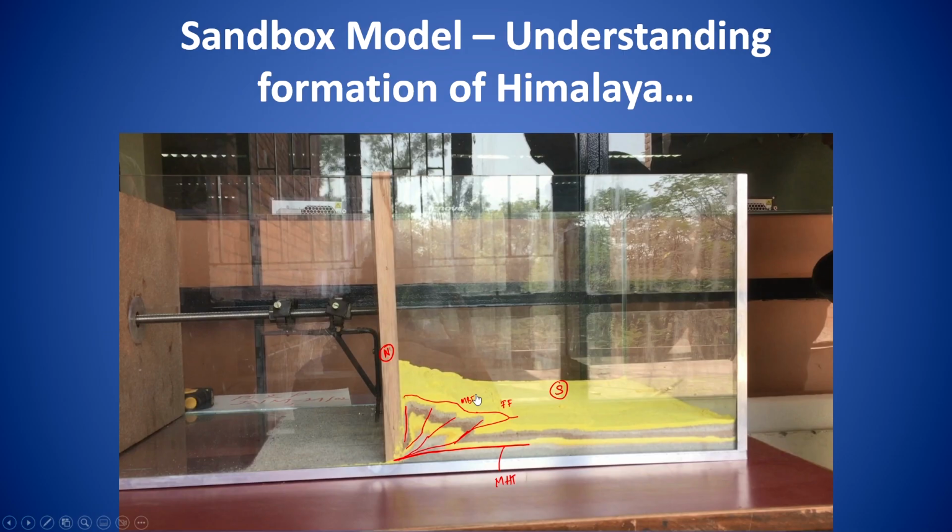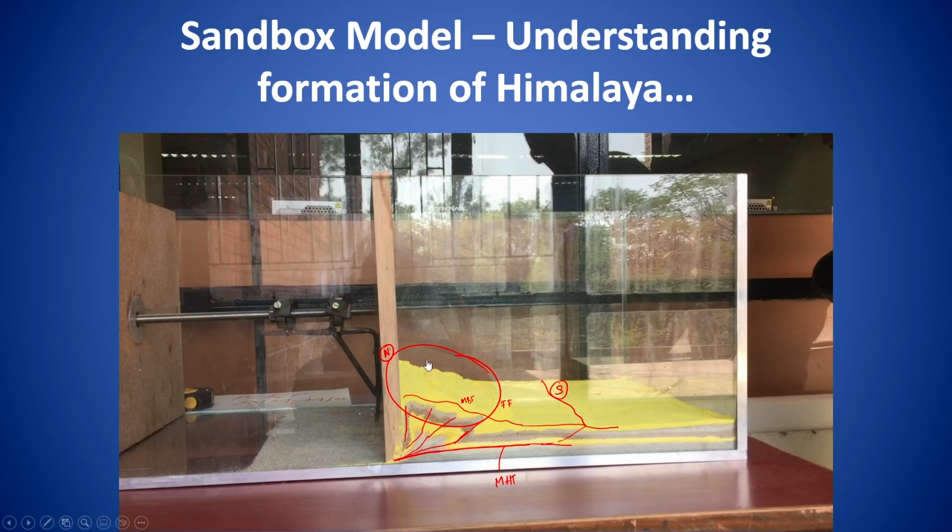Now, another important point here is that as it passes over here in this area, after some time the deformation moved further up to this place. This portion started taking up the deformation once this part, that is the hinterland part, became rigid.